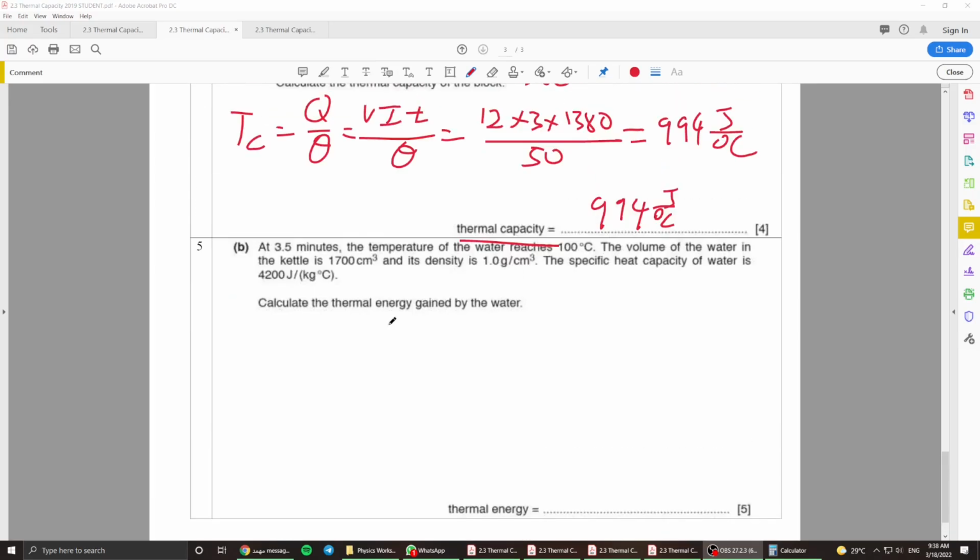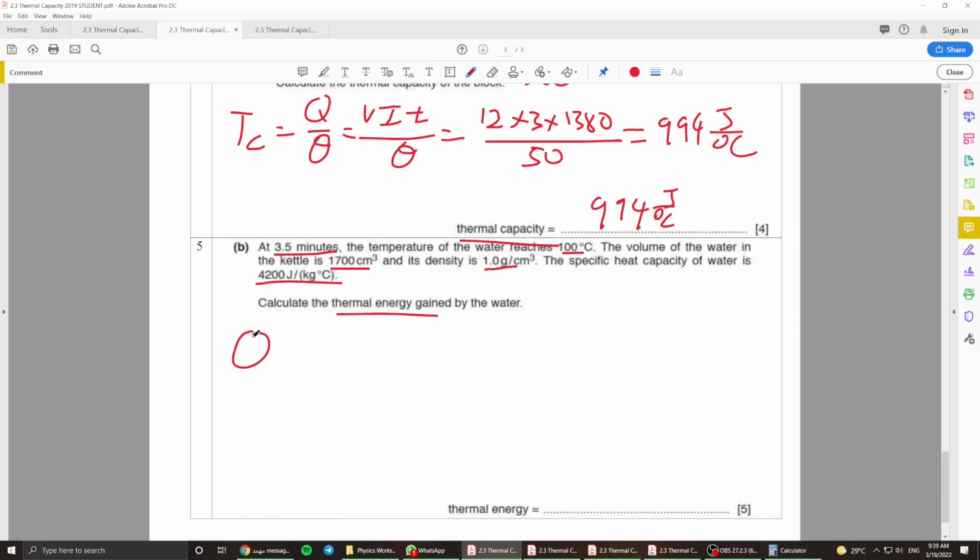And finally, looking at the last question here. At 3.5 minutes, the temperature of water reaches 100 degrees Celsius. The volume of the water is this amount with the density this amount. The specific capacity is this amount. Calculate the thermal energy gained by the water. Do I have enough information?